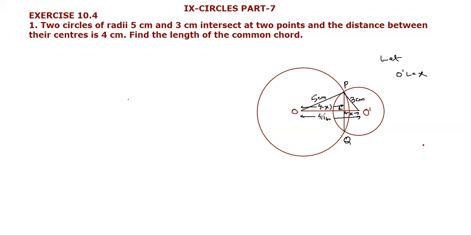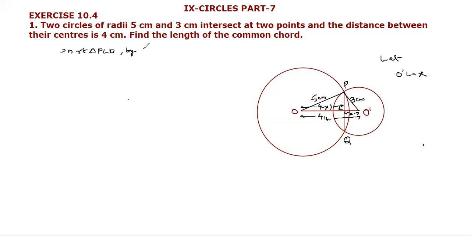And you know that the line joining the center will be perpendicular to the chord. So OPL is a right angle triangle. So in right angle triangle PLO, you can use the Pythagoras theorem.